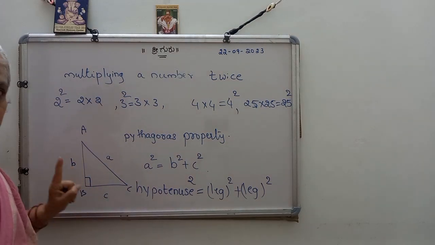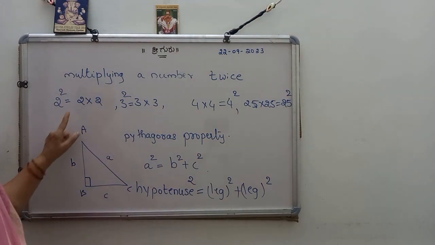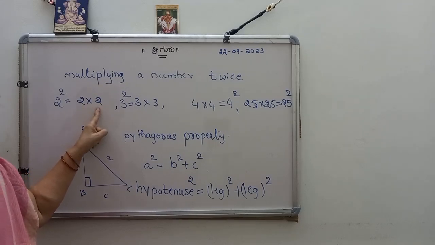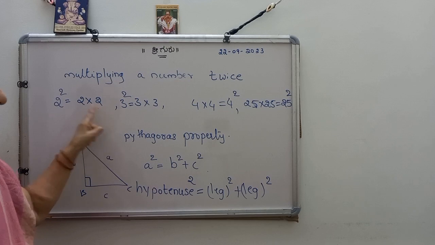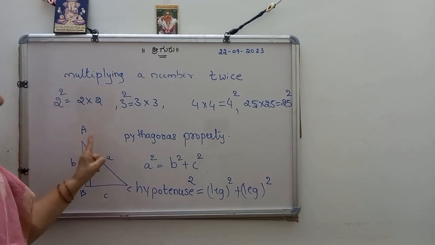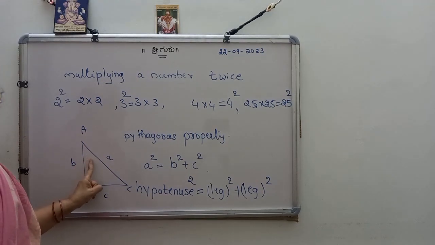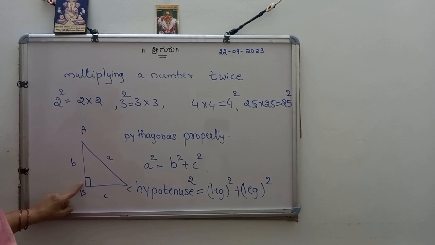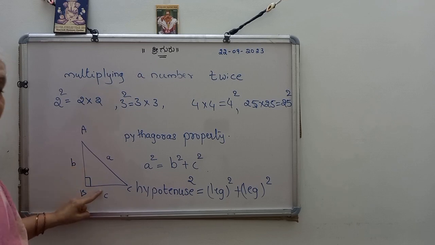Once again, let me repeat. Same number or same quantity multiplied twice is called as square of that number. And in right angled triangle, the side opposite to right angle is called hypotenuse and the other two sides, which are altitudes also, are called legs of this right angle triangle.